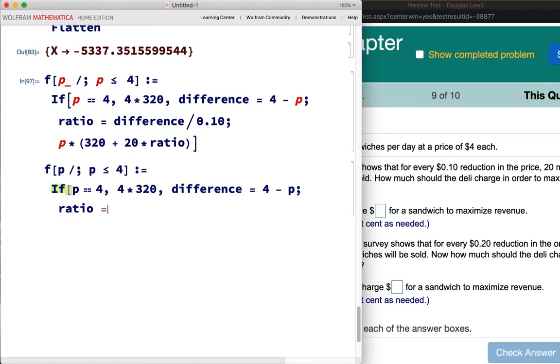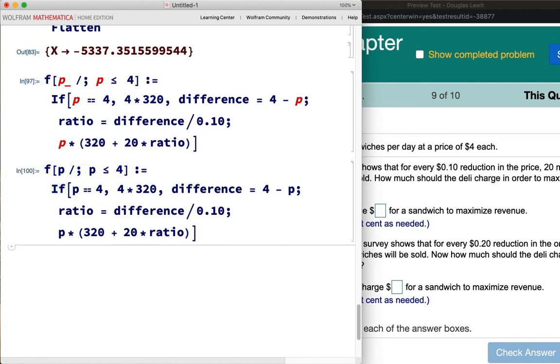The ratio is equal to the difference divided by 0.10. Finally, we're going to have P, the price, times 320 plus 20 times the ratio. And I'm assuming the ratio is going to be an integer because we're always changing the price by 10 cents. Shift, enter.